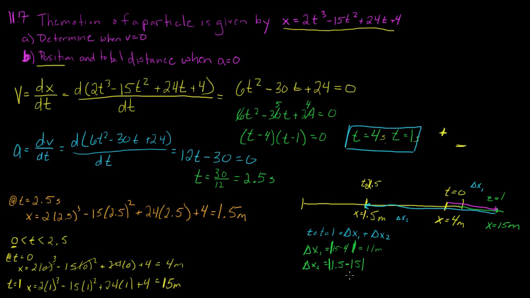This is where the absolute value signs come in, because 1.5 minus 15 is minus 13.5 meters. Because it's the absolute value, this is really equal to 13.5 meters, because we're looking for the total distance traveled. So the total distance is delta x1, 11 meters, plus delta x2, 13.5 meters. And our final answer is the total distance traveled is 24.5 meters.